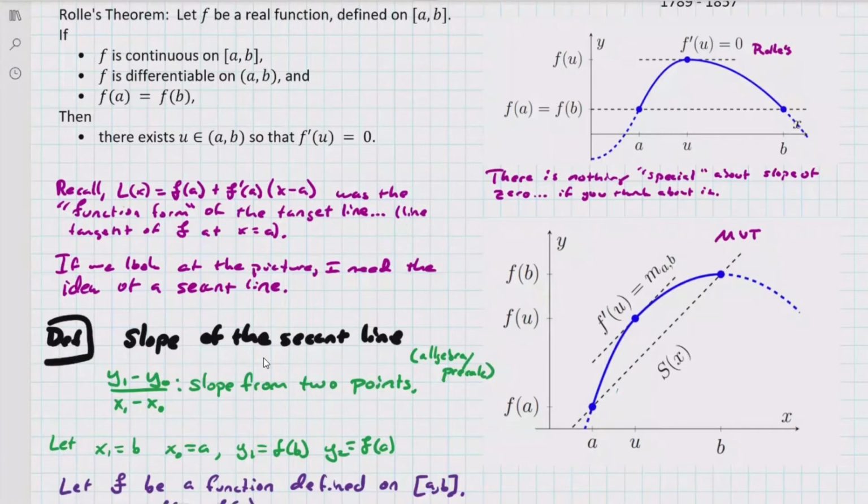Literally, what's the difference? It's the secant line. No, really, that's the difference. If I subtract this function from this function, I wind up with the function that's the secant line. More to the point, if I subtract the secant line from this function here, I wind up with that function. No, really, the difference is the secant line.